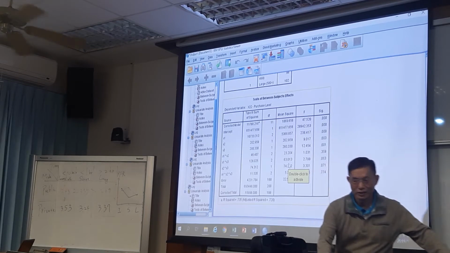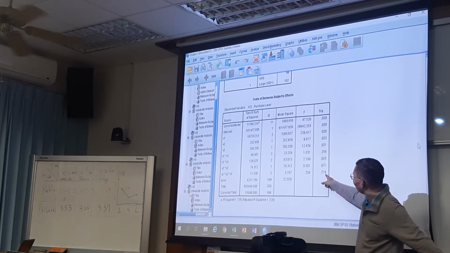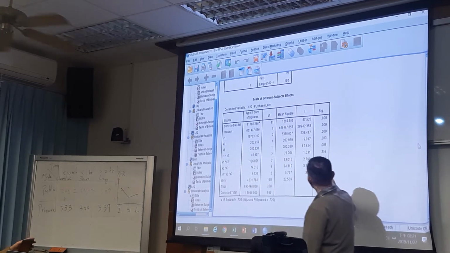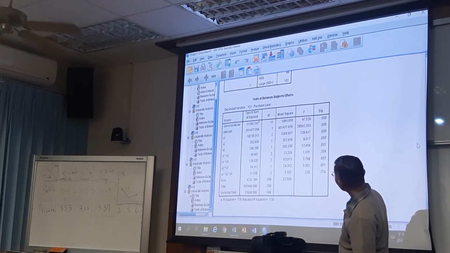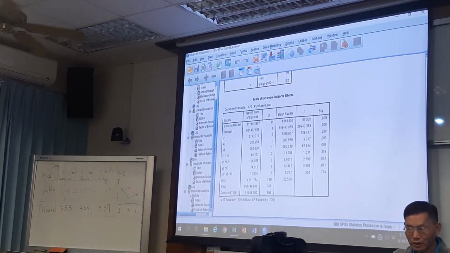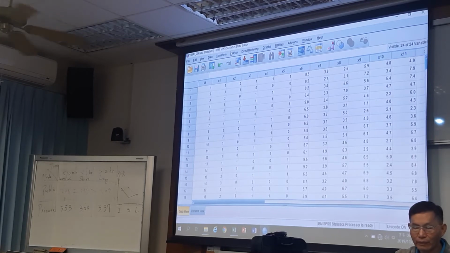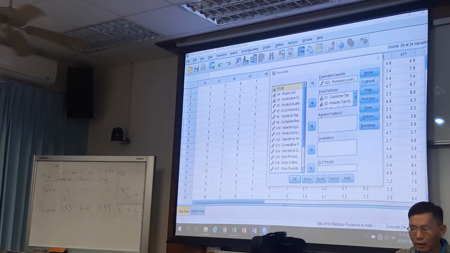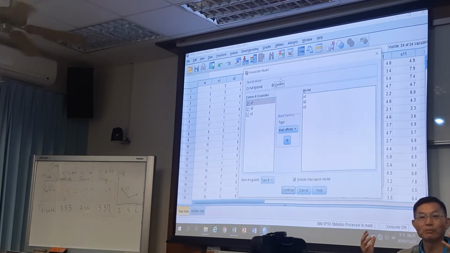It's too bad. This is not significant. So I'm going to take a 3-way interaction away from the model. So powerful, okay?